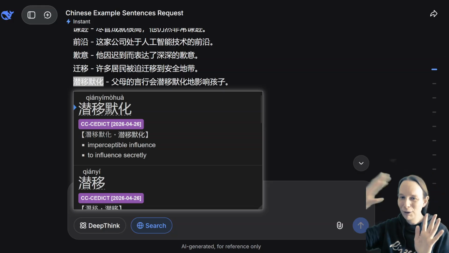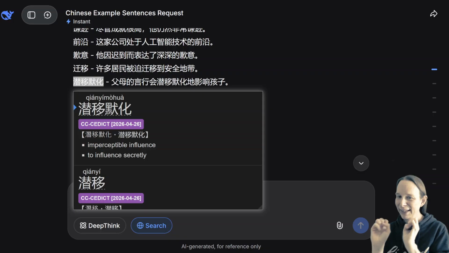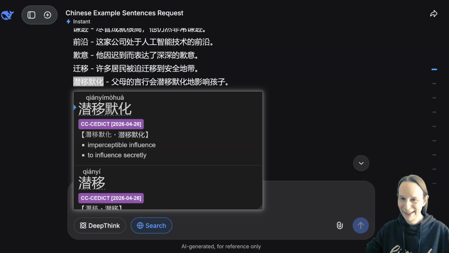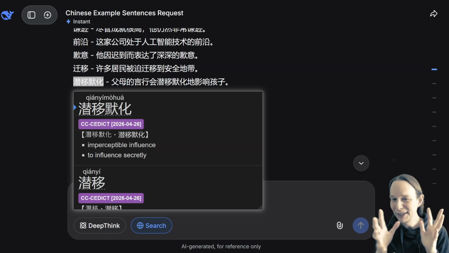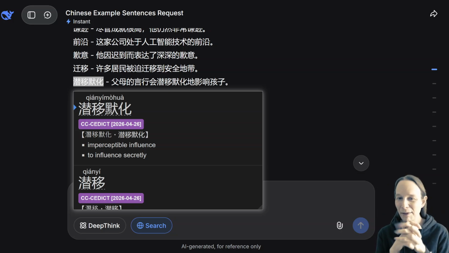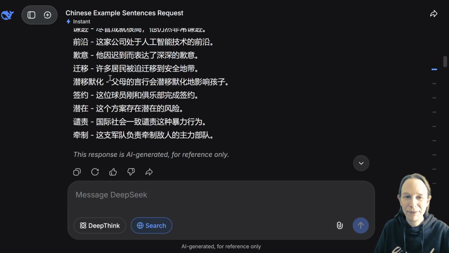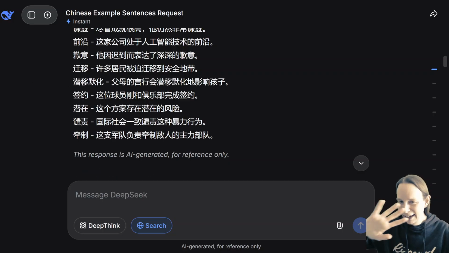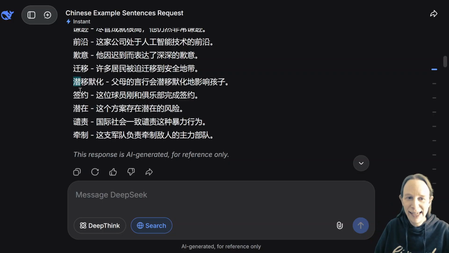It's generally a long-term, not explicitly stated kind of influence, that sort of thing. Yeah, if you're in an environment where people are arguing all the time, maybe you'll start arguing. If you're in an environment where people support each other all the time, you'll start supporting each other, maybe. This kind of thing. It's kind of an influence rubs off. So qian is kind of hidden or imperceptible.